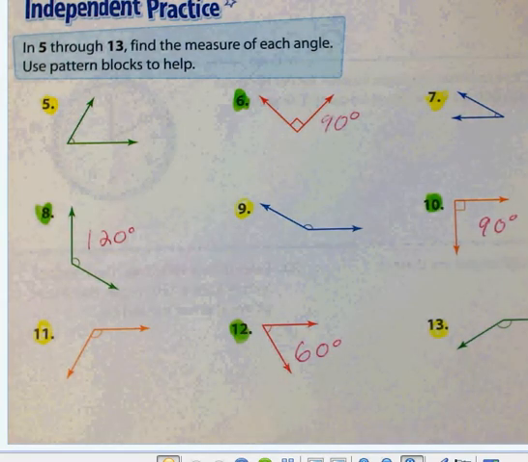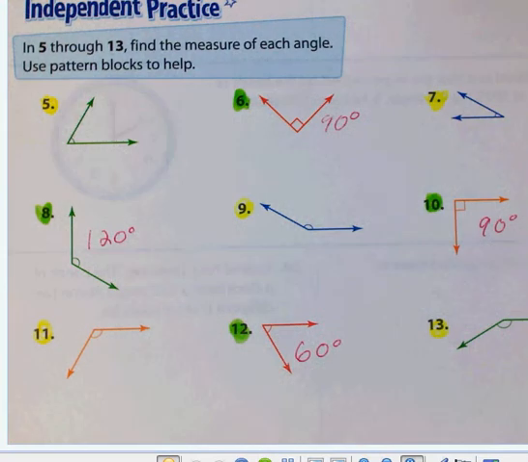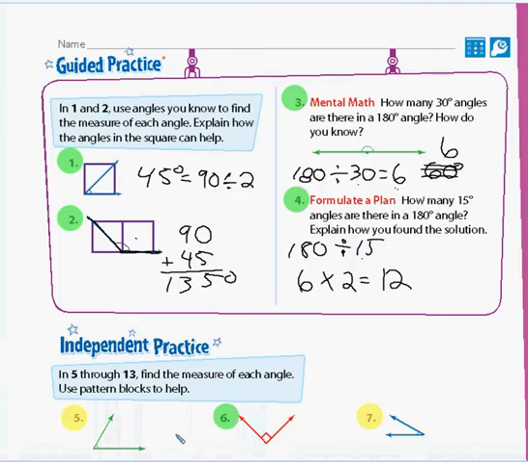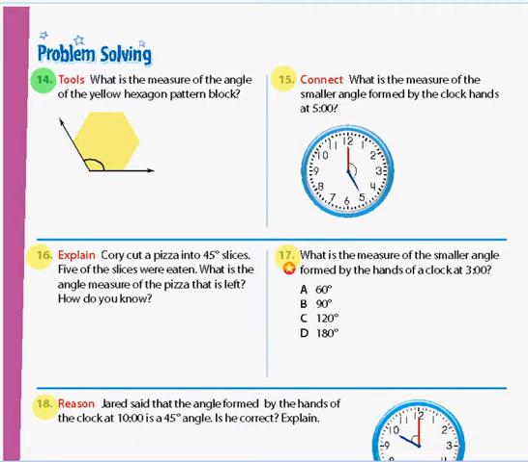Okay, we'll go back over and look at the back page. On the back page, we'll do number 14 together. It says, what is the measure of the angle of the yellow hexagon pattern block?